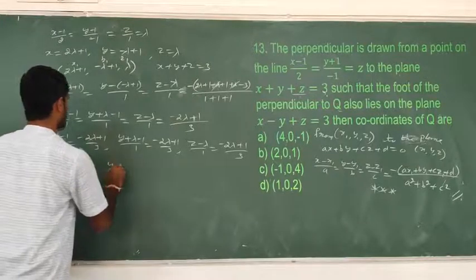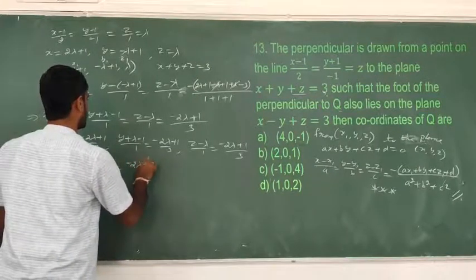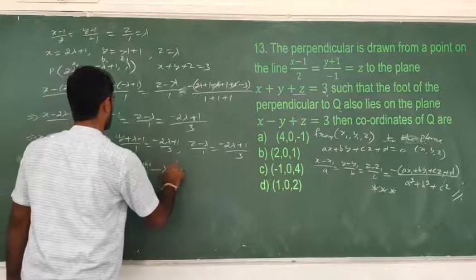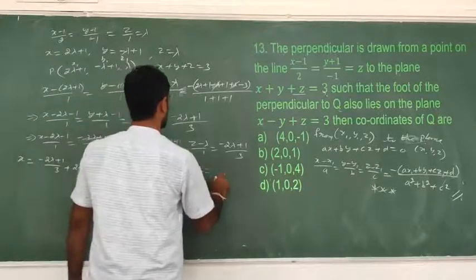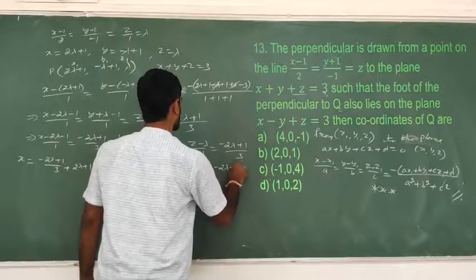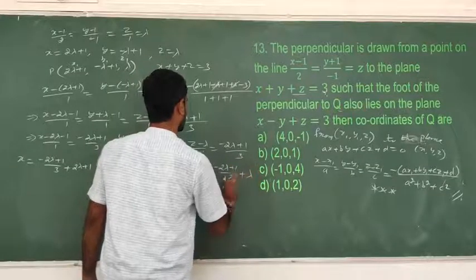Then y = (minus 2 lambda plus 1)/3, sending it over, minus lambda plus 1, and z = (minus 2 lambda plus 1)/3 plus lambda.